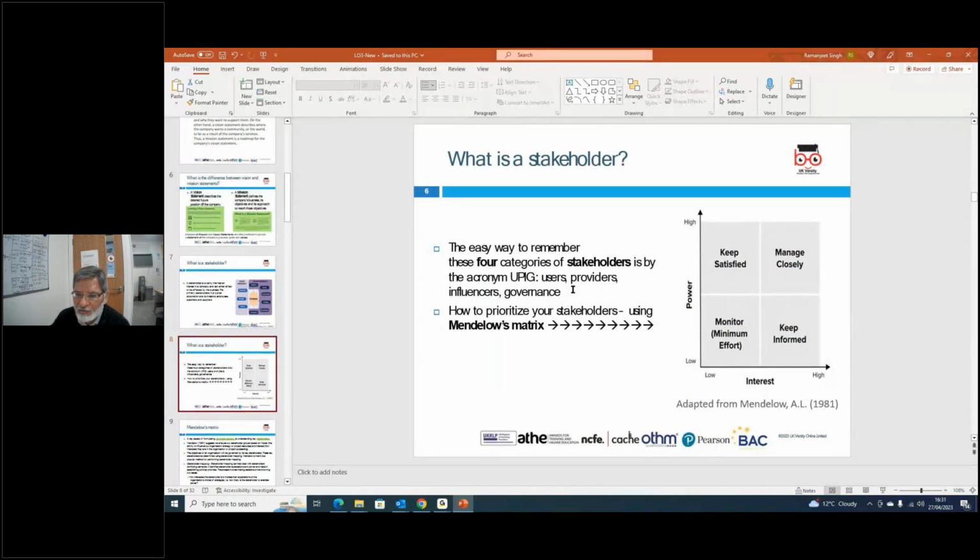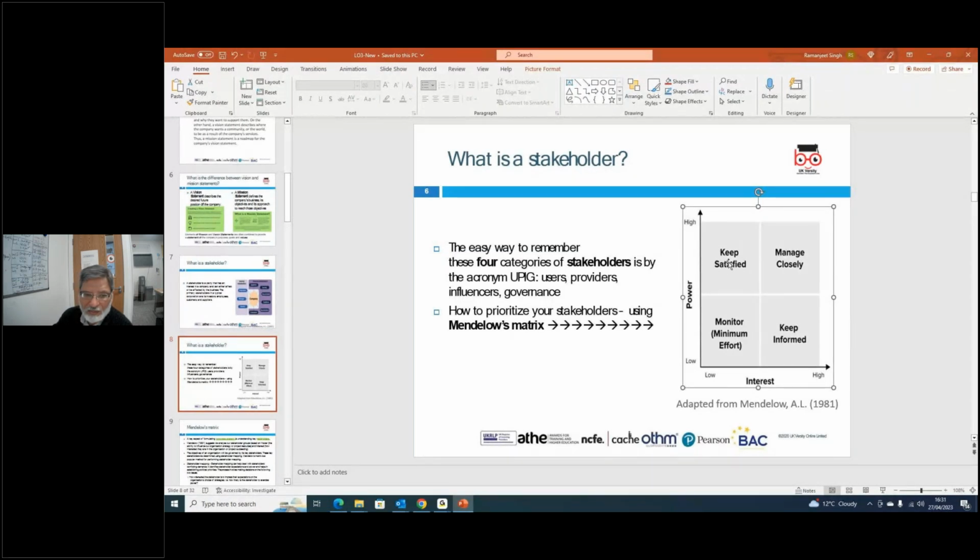Okay, so if you look at this slide here, these are the four quadrants, and an easy way to remember stakeholders is by this four-quadrant matrix, which is adopted from Mendelow, who's done the stakeholder analysis matrix, and basically it puts people into four different categories of stakeholders.